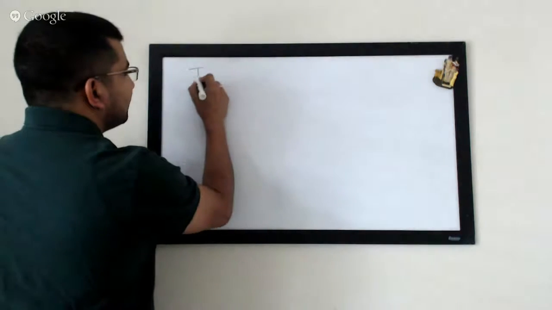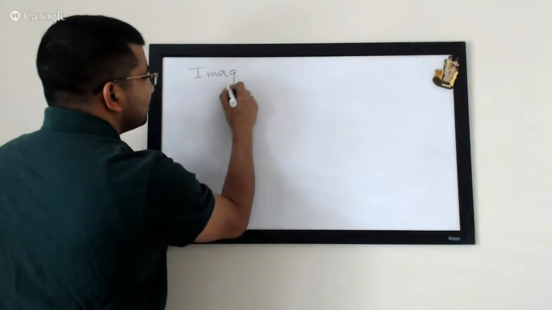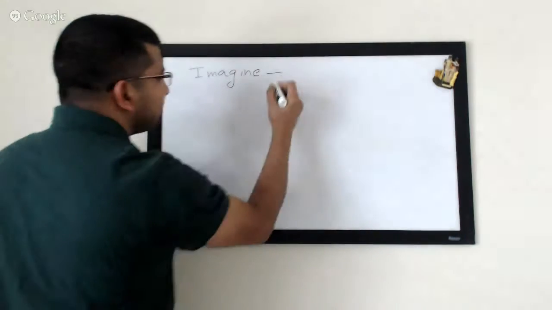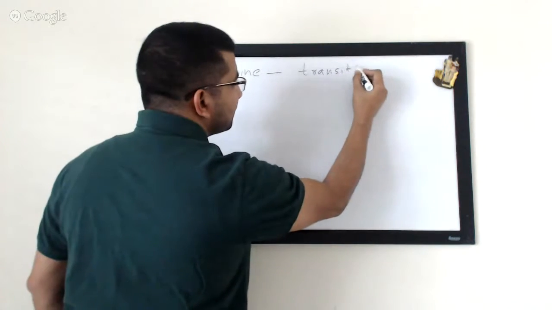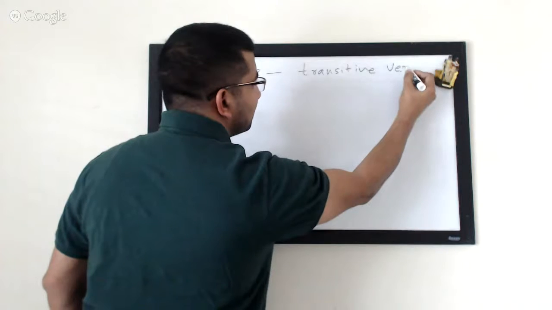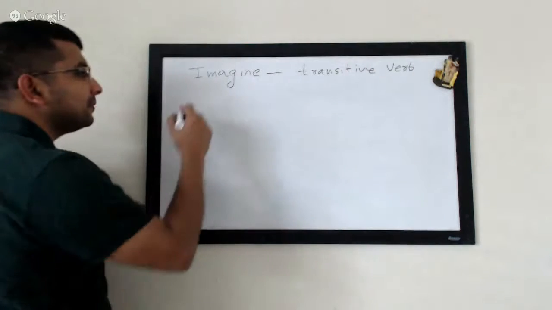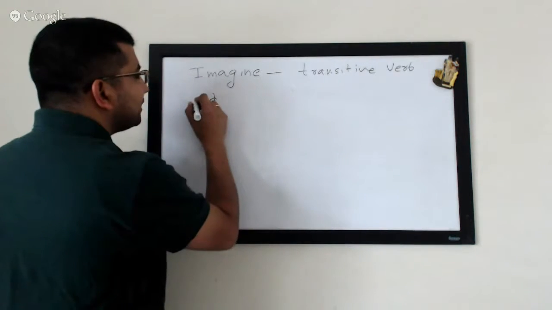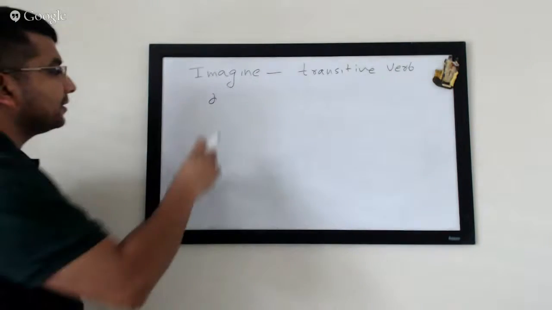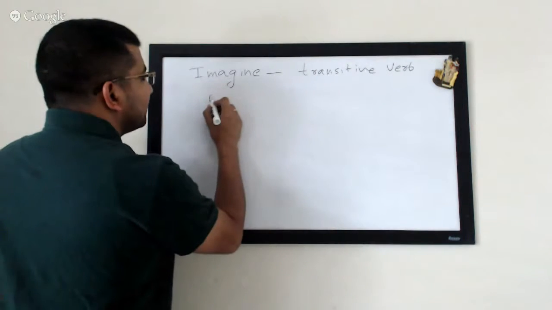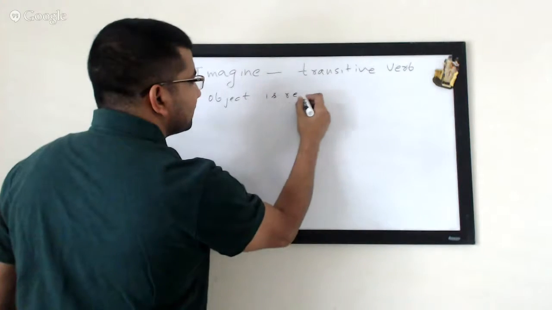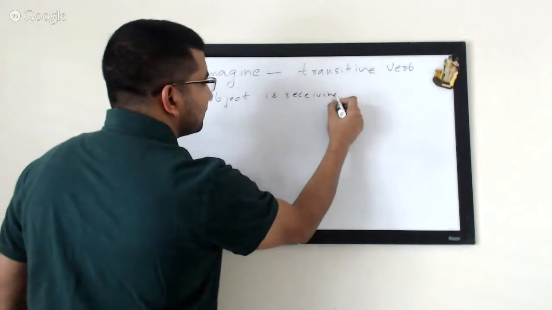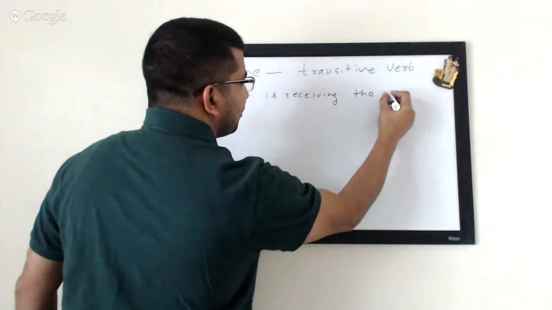Okay, and so if I were to write it again, imagine is a transitive verb. When I say transitive verb, the object is receiving the action of the verb.